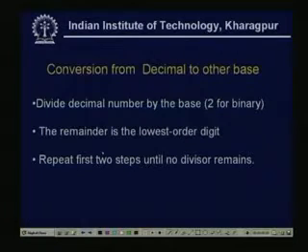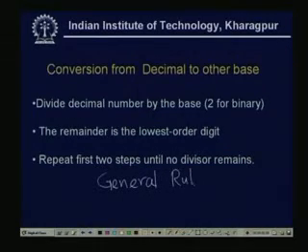So, the remainder is the lowest order digit, and repeat the first two steps until no divisor remains. So, this is my general rule of conversion from decimal to any other number system. Only the base will be changed.